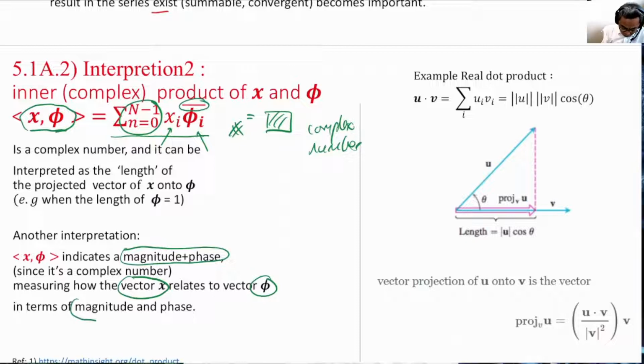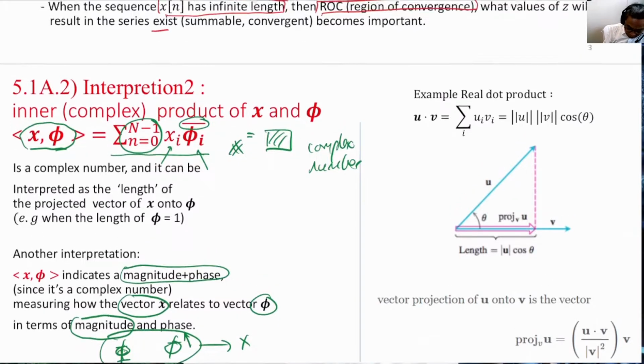By magnitude, we mean that we can multiply phi by a certain magnitude and adjust the phase of the complex vector to align it to the vector x, or to approximate x. In other words, we can interpret this inner product as how the x vector will be projected into the space of phi, or how much of x can be represented by phi.